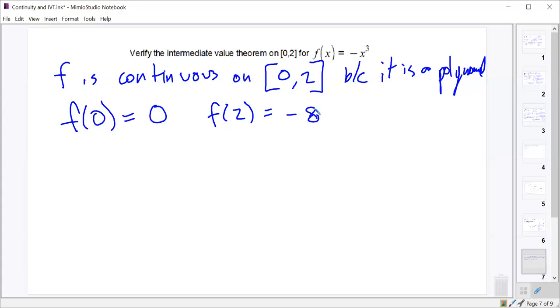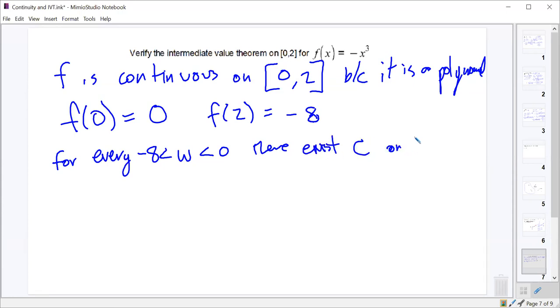So now that we've found those values, we should be able to say that by the intermediate value theorem, for every w that I choose that is less than 0 but greater than -8, there should exist a c on what interval? On the interval from where to where?